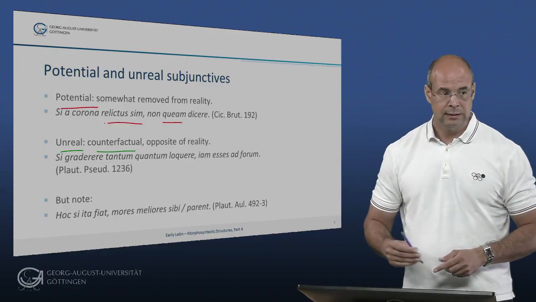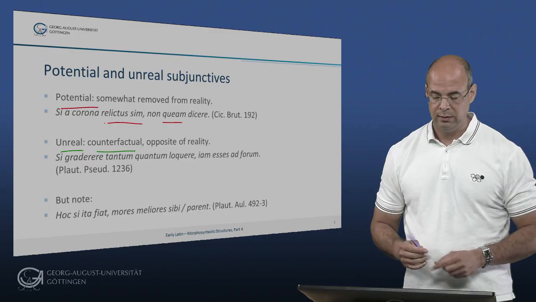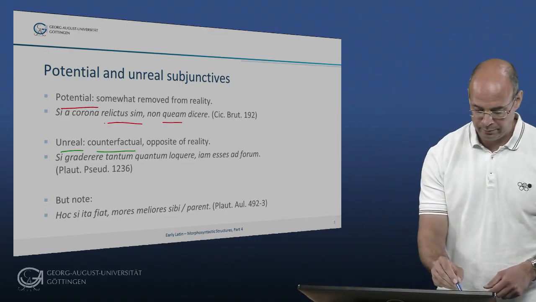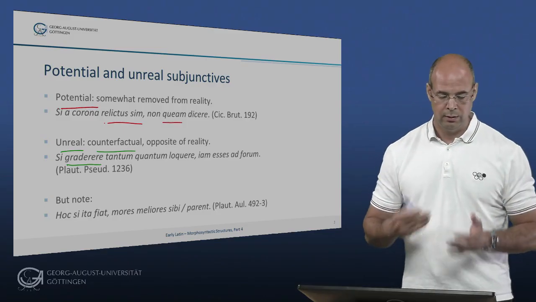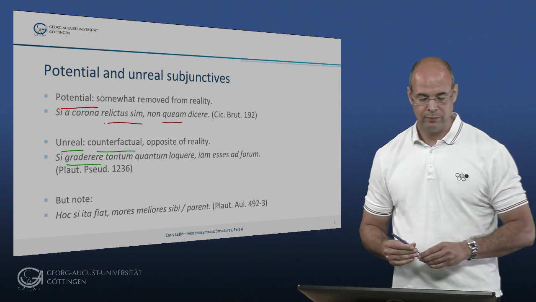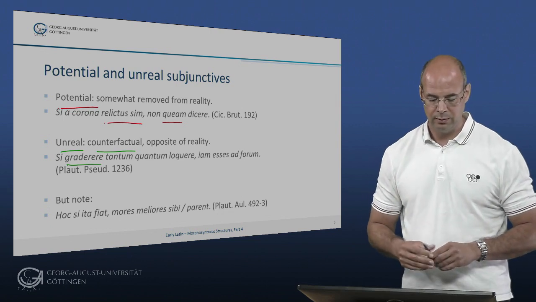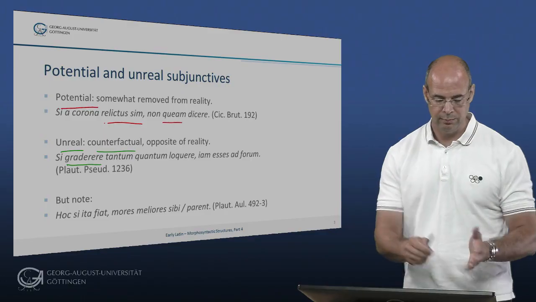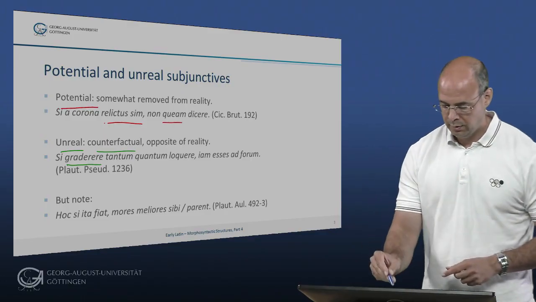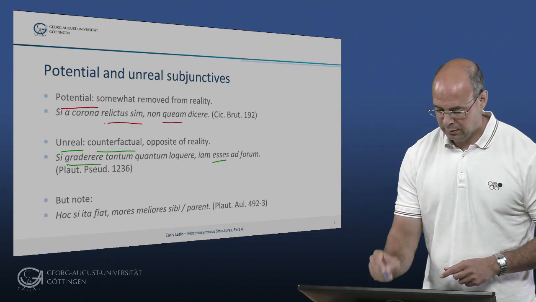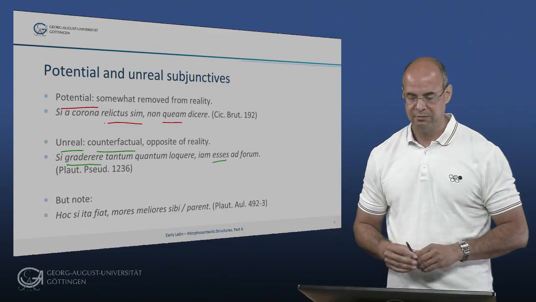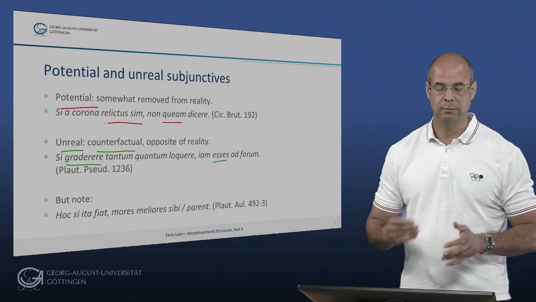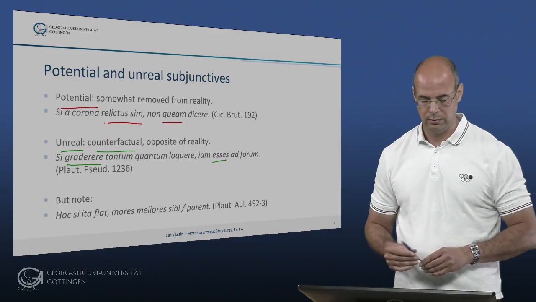Si graderere tantum quantum loquere, iam esses ad forum. If you were to walk, but you're not walking, as quickly as you talk, or as much as you talk, imperfect subjunctive, you would already be at the market, but you're not. Imperfect subjunctive, again, indicating present counterfactual.